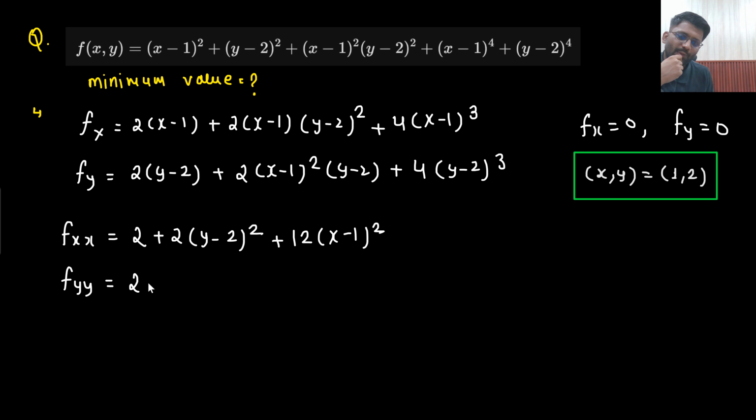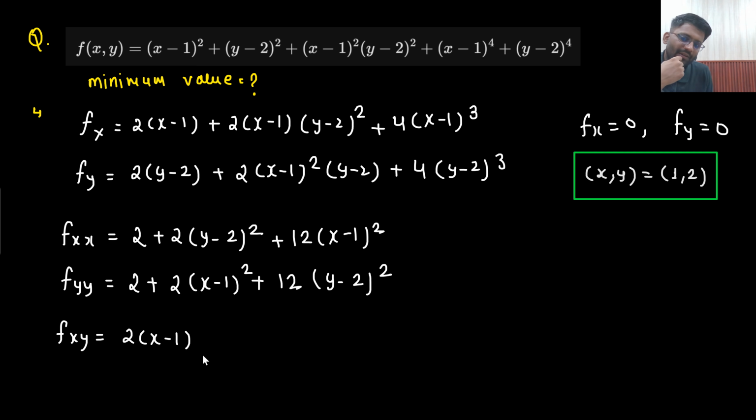What I will get? 2 plus 2(x minus 1) whole square plus 12(y minus 2) whole square. Then fxy I need to find out. This should be differentiated with respect to y. So what I will be getting? 4(y minus 2). This is the scenario we are getting, right?